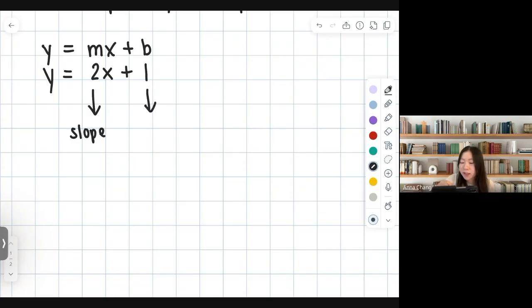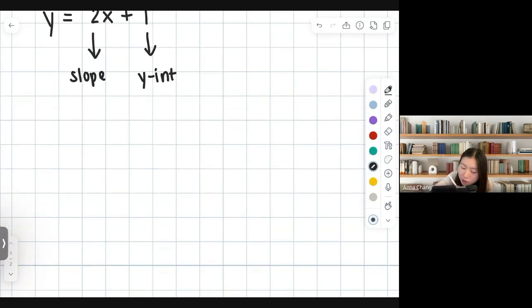And the 1 here is our b value, the y-intercept. Let's go ahead and graph this and investigate this a little bit further. When we say the slope is 2, this means that for every increase of 1 in the x, our y is going to increase by 2.